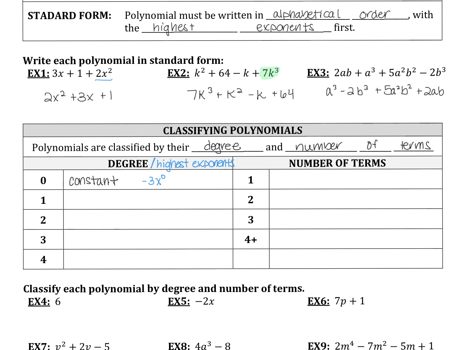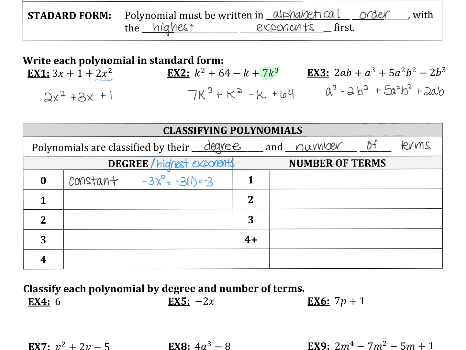And so this is equivalent to just negative 3 times 1 or negative 3. So what we would see written is just negative 3. That means its highest exponent is 0 because there isn't any x's listed. So negative 3, 5, 7, those are all examples of constant terms if we label them by degree.